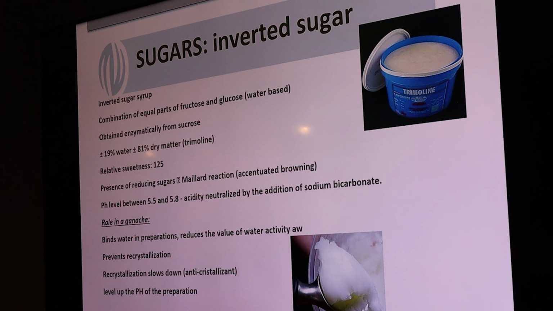I remember, I don't know if it was you or Jostein, who told me a couple of years ago that you needed to help Sverre Sætre with his pralines and the shelf life, because the ganache shrank. Was this the answer? That was basically the inverted sugar, because most recipes contain glucose.